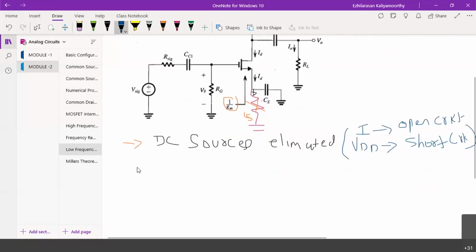Okay. So now the second point is what you have to do. We have to ignore R naught. That is why we said to keep the analysis simple.